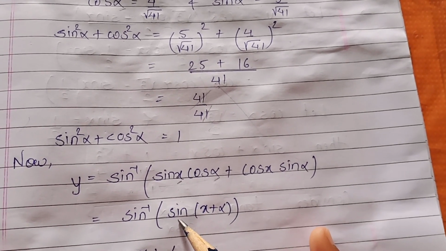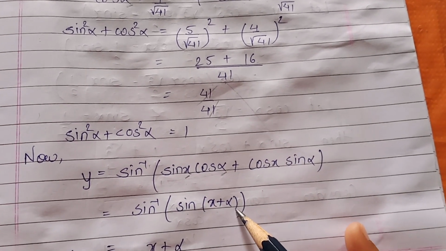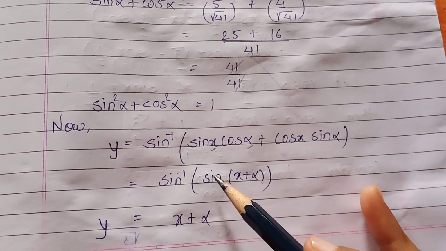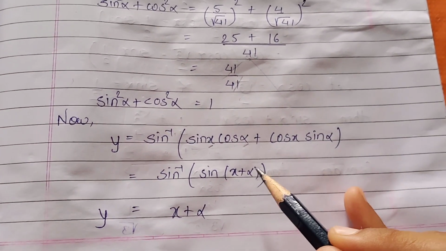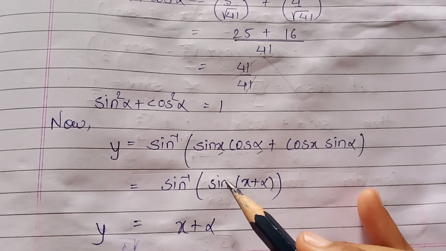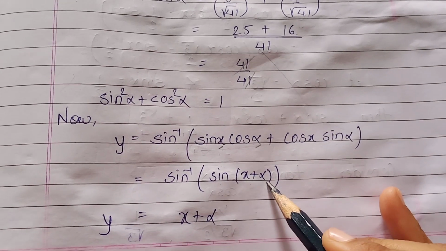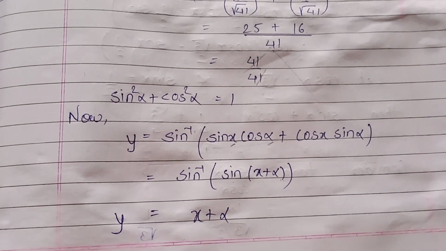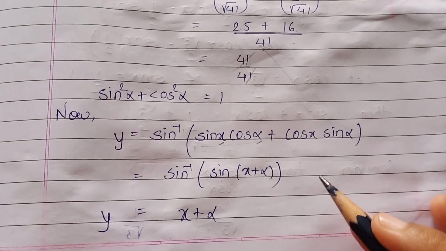So it is the formula of sin of (x plus alpha) inside. Now we can cancel sin inverse and sin. In order to bring the sine term inside, we have to do such calculations. So after cancelling, there will be x plus alpha, right? So our y is now reduced to x plus alpha. Now what is alpha but?